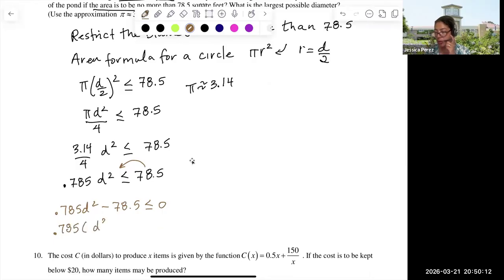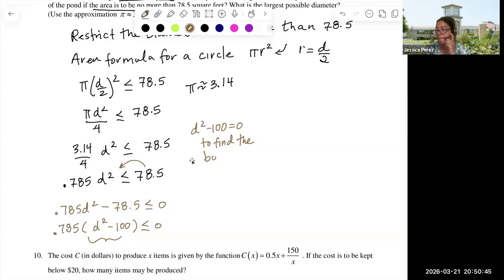That's going to give me d squared minus 100, because if I multiply 0.785 times 100, I should get back 78.5, less than or equal to 0. Now, because I factored, I'm going to set my factored form d squared minus 100 equal to 0 to find my boundary points.